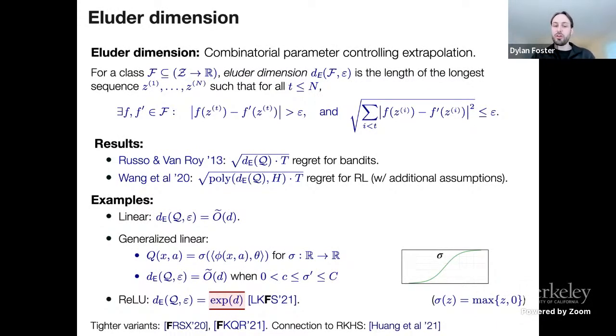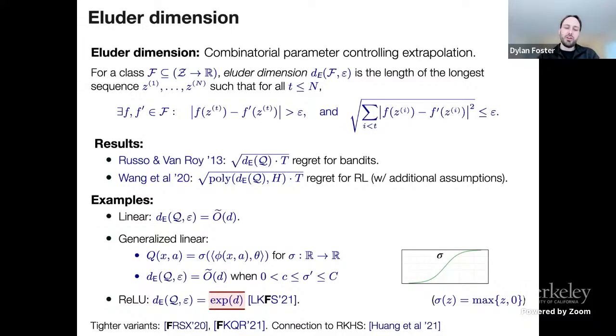And this is also true for generalized linear models. For example, if you have a linear model and then you just apply some nonlinear link to it, like sigmoid. But you can actually show that even for a single ReLU neuron, the eluder dimension can be exponential in the feature dimension. And indeed, there are other examples where it's just infinite.